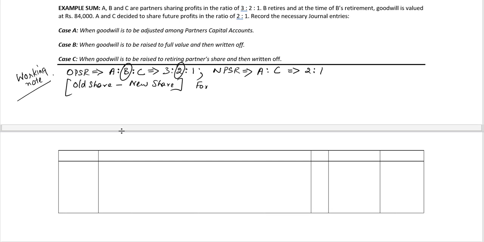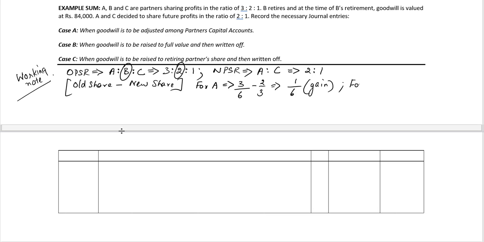In the case of partner A, old share 3 divided by 6 minus the new share 2 divided by 3, a -1 divided by 6, and partner A gains.